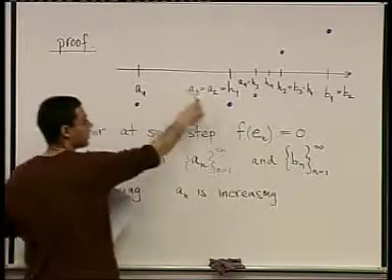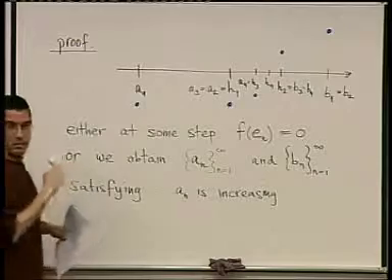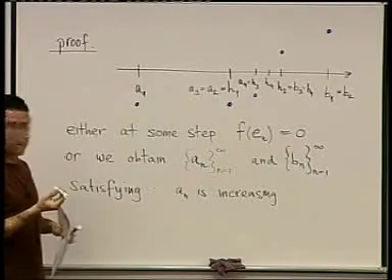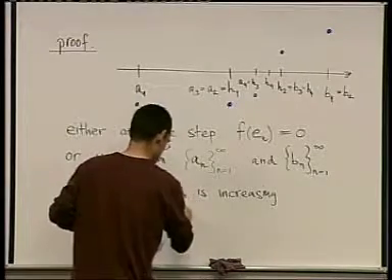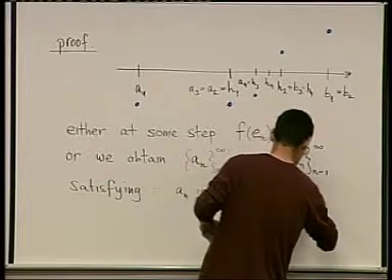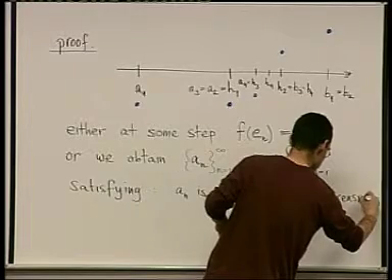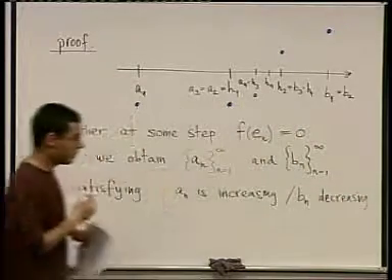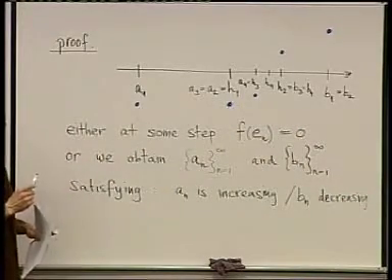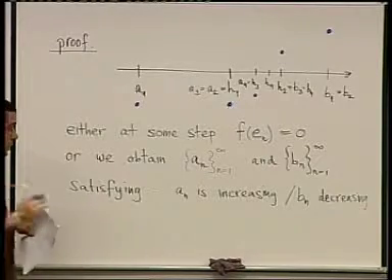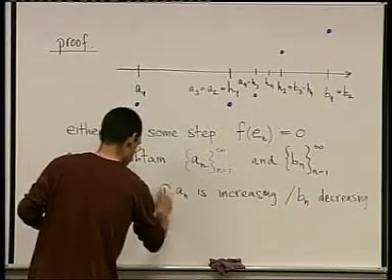The ANs always go to the right. Do you agree? And BN is decreasing. So does everybody agree to this? Say yes? Okay.